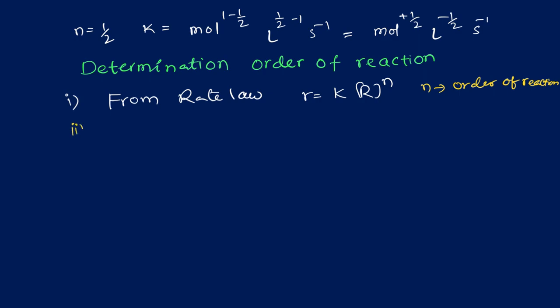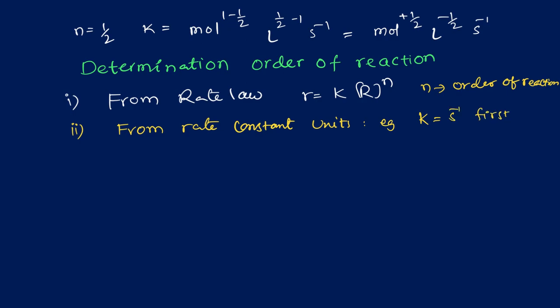Second one, how to determine the order of reaction? From rate constant units. For example, K unit is second inverse. Then which order reaction is this?